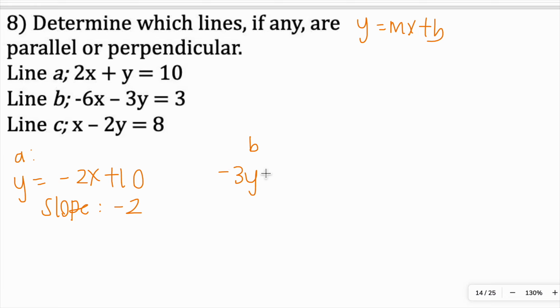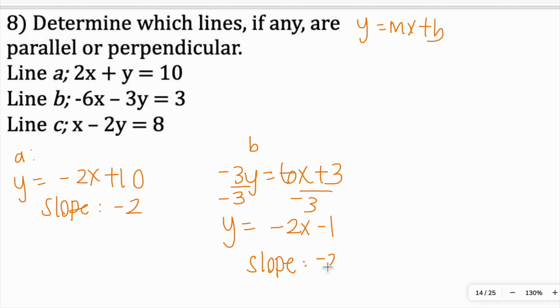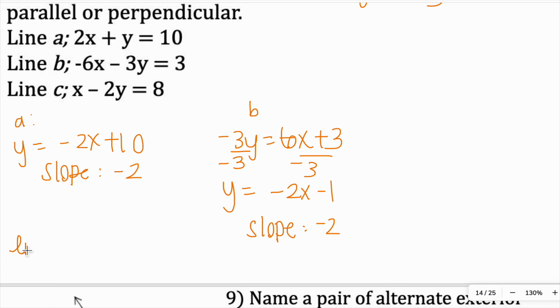I'm going to have -3y is equal to +6x plus 3, and then divide everything by a -3. So I'm going to get y is equal to -2x minus 1. So far, line A and line B have the same slope, so we can say line A and B are parallel.